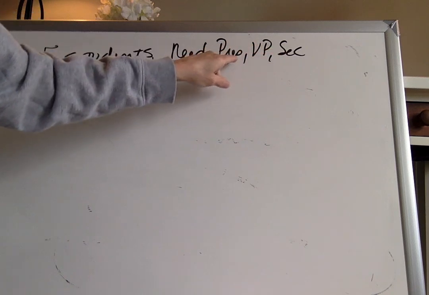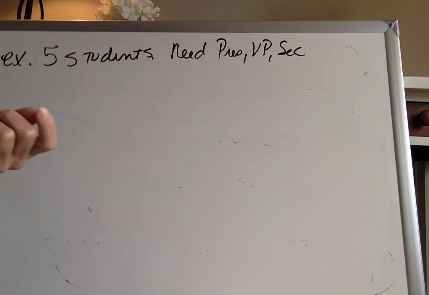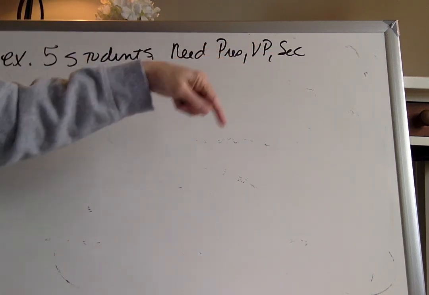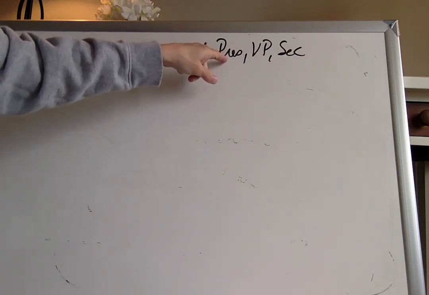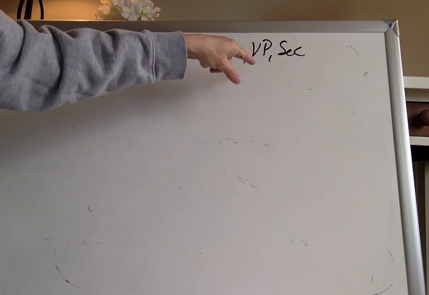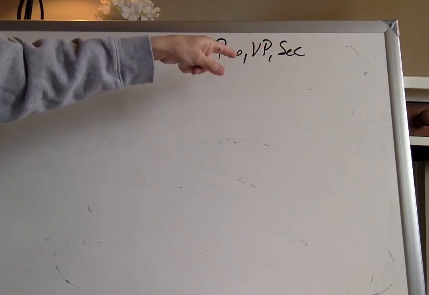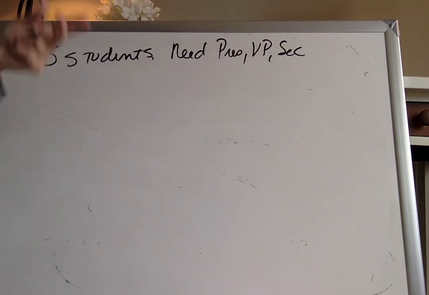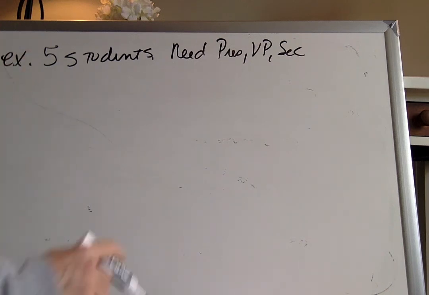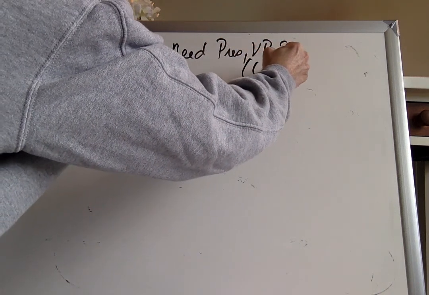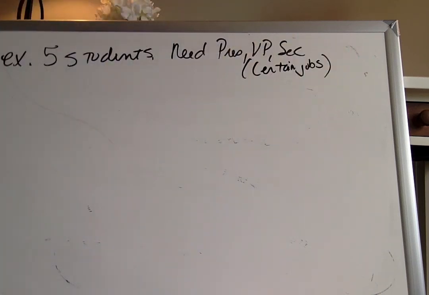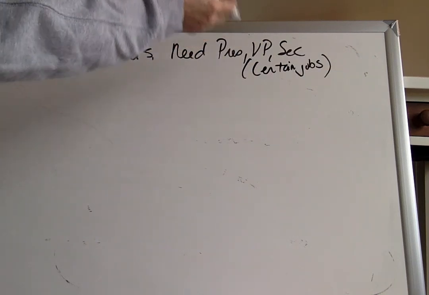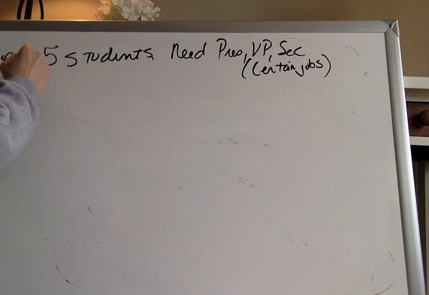So this is that idea of certain jobs that, even though they don't use the word order or line up, it's important that I know who is president, who is vice president, and who is secretary, right? So you can almost view that as a lining up when they're telling you they have certain jobs. Okay, and how many ways to pick those 3?